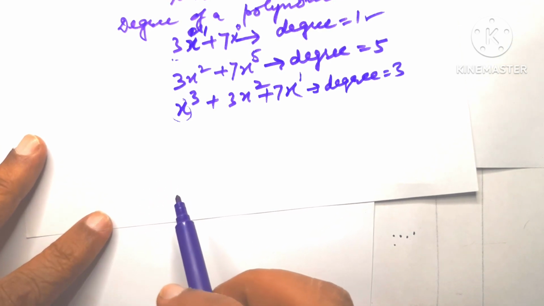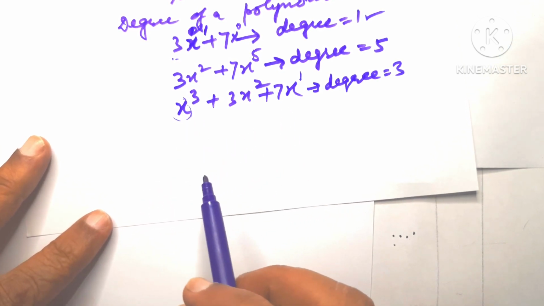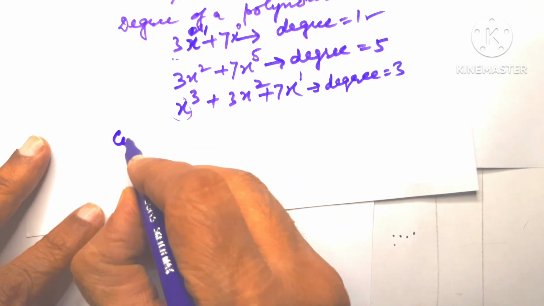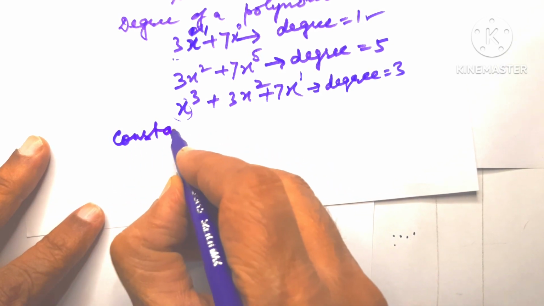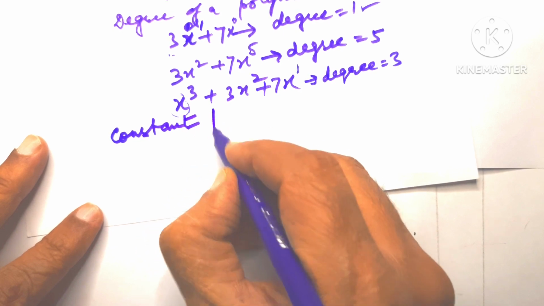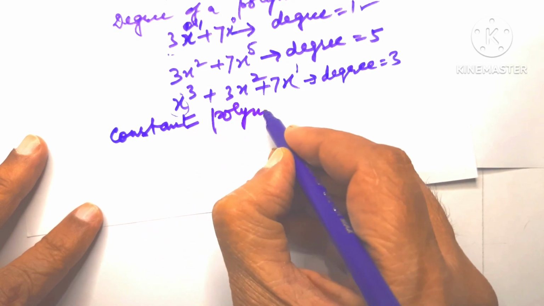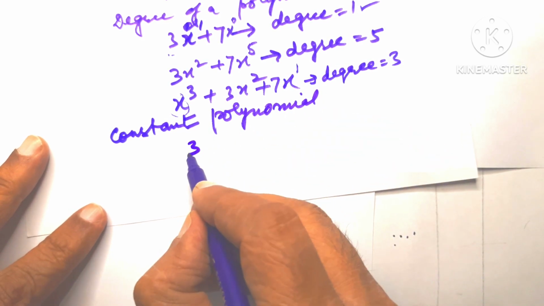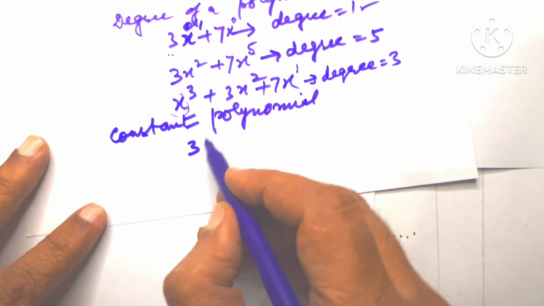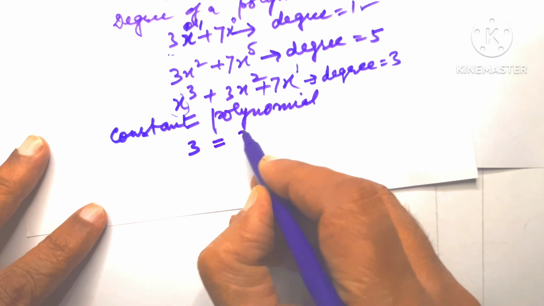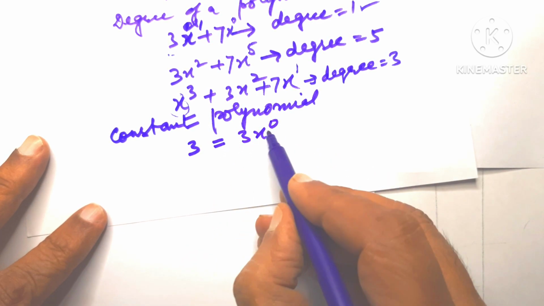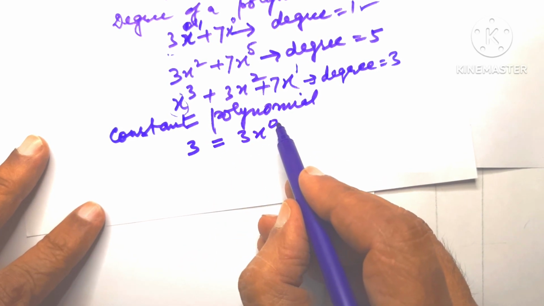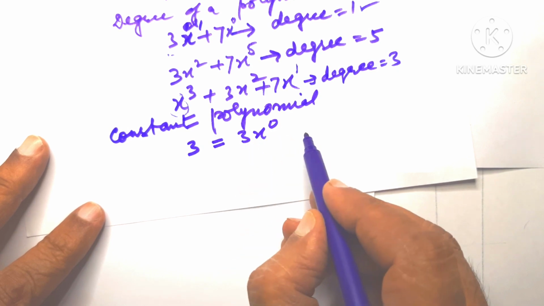Now after understanding the degree, there is another type called constant polynomial. Constant polynomial, for example, 3. This is a polynomial. Why is it a polynomial? Because it can be written as 3x to the power 0. Now 0 is a whole number, so it is a polynomial.